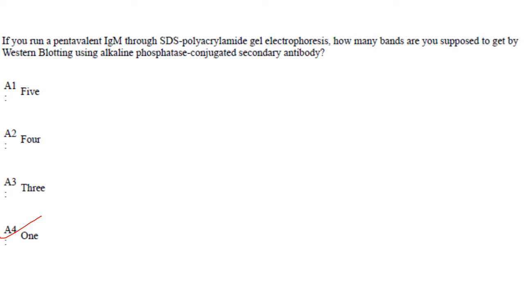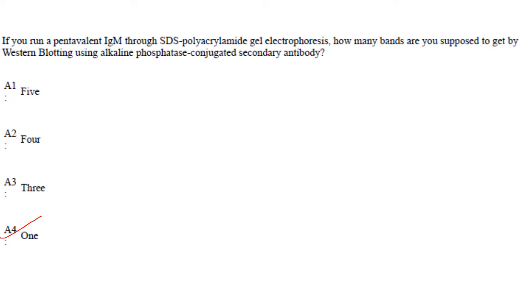Then if you run a pentavalent IgM through SDS polyacrylamide gel electrophoresis, how many bands are you supposed to get by Western blotting using alkaline phosphatase conjugated secondary antibody? Now IgM is reduced in the case of SDS polyacrylamide gel electrophoresis.